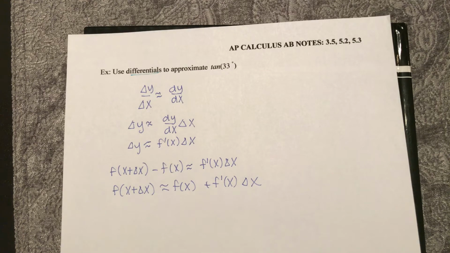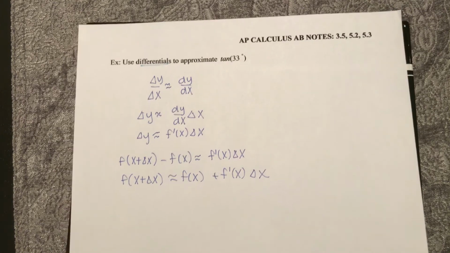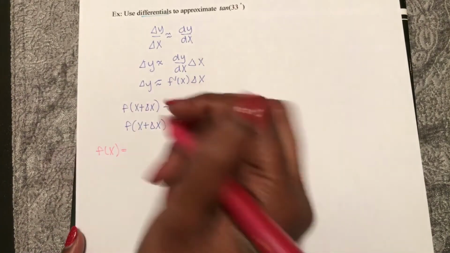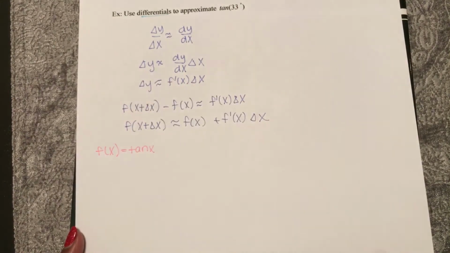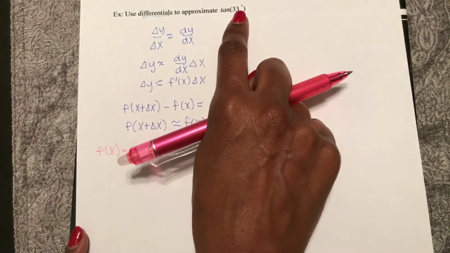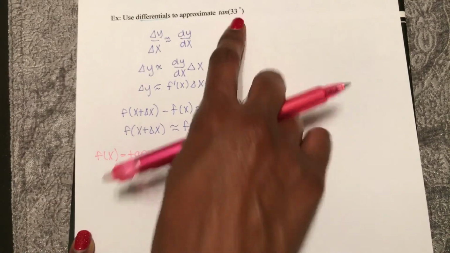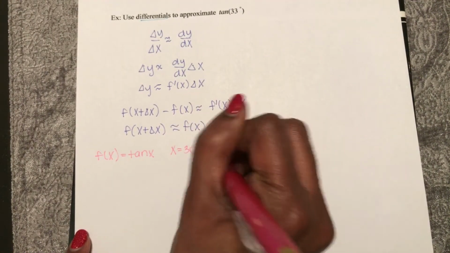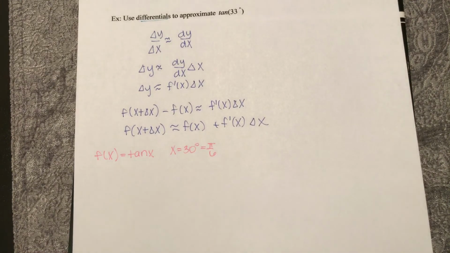So now I'm going to figure out what my parts are. My function, f of x, is tangent x. The x value that I'm going to use close to 33 is x equals 30 degrees, which is pi over 6 in radians.